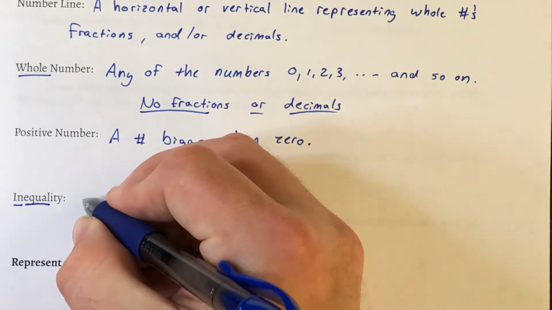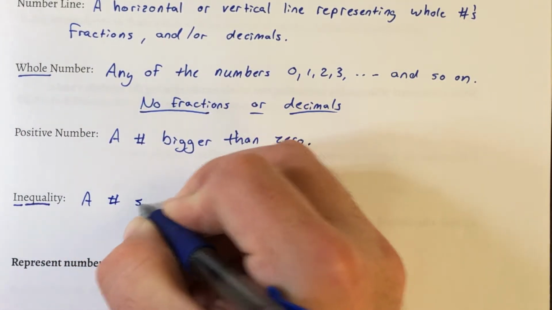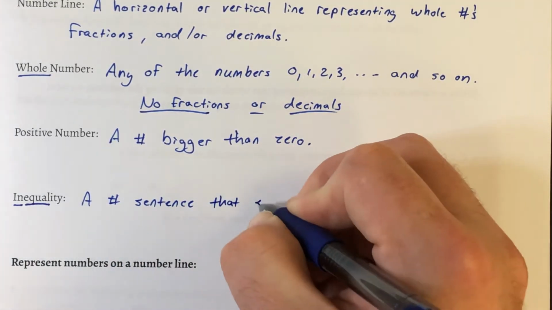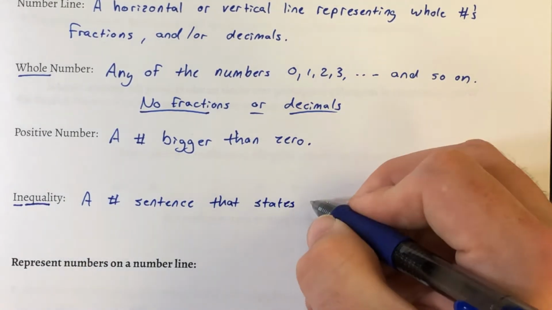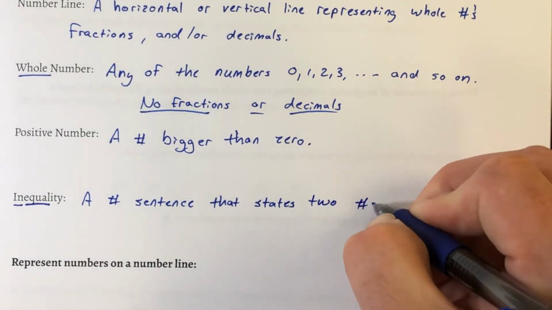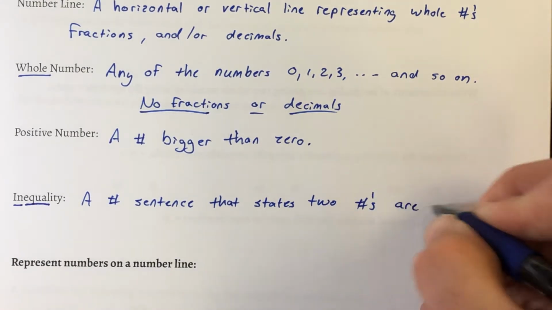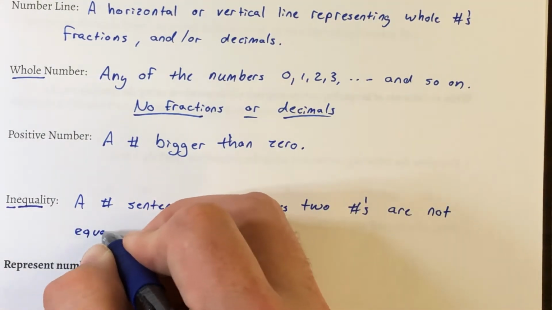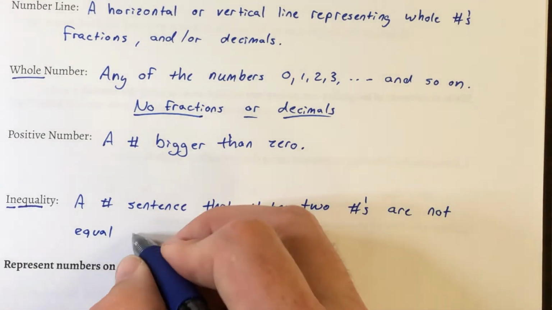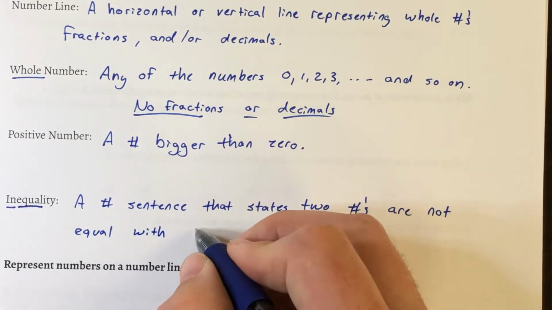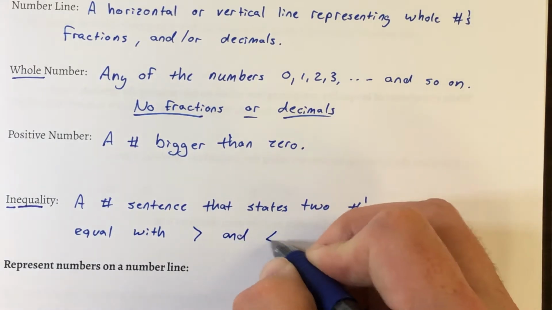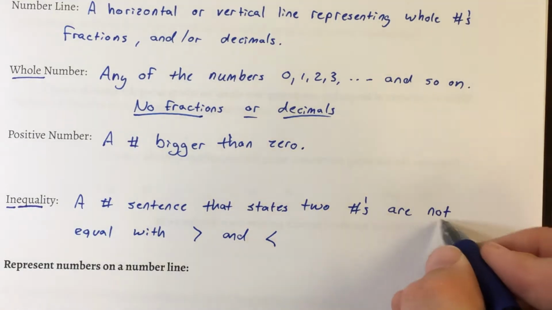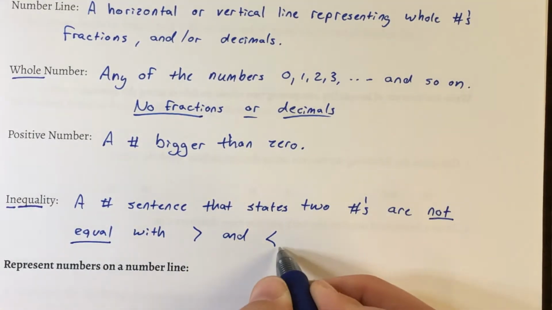So an inequality would be a number sentence that states two numbers are not equal. And how do we tell them that they are not equal? We use the signs greater than and less than.